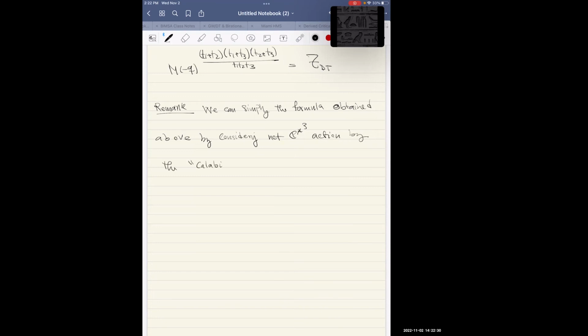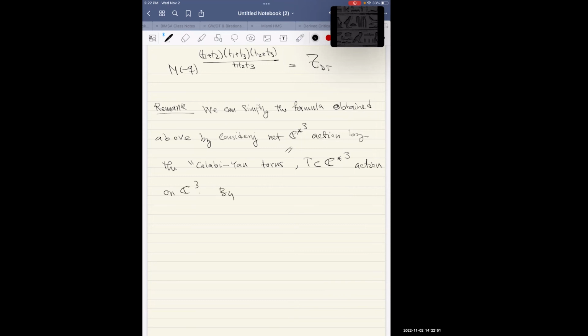The Calabi-Yau torus is a subtorus T of C star cubed acting on C3. What's the Calabi-Yau torus?